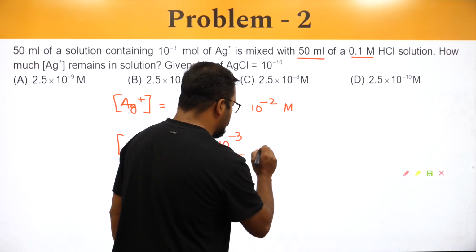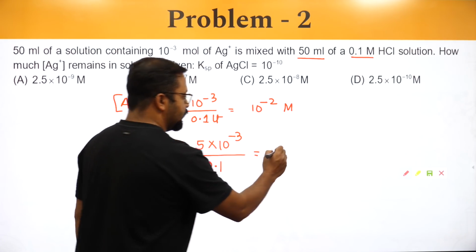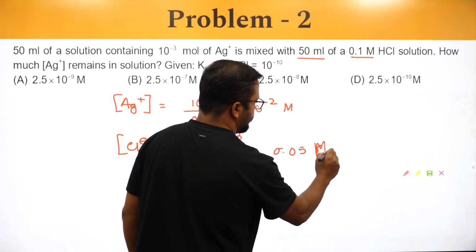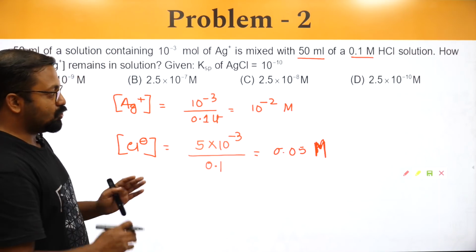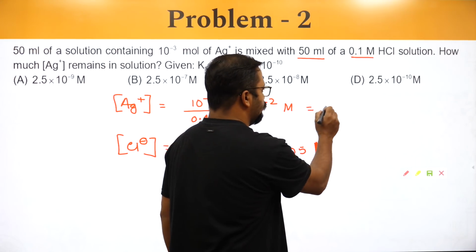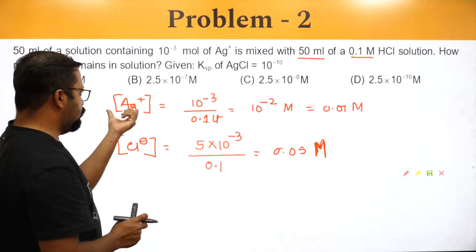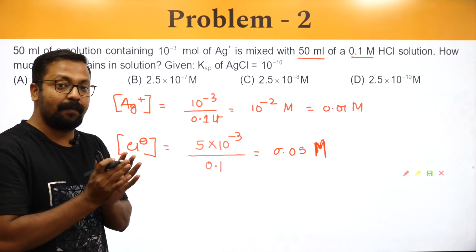So this is equal to 5 times 10 raised to minus 2, that is 0.05 M. Clear? So our solution contains 0.01 molar amount of Ag plus and 0.05 molar amount of Cl minus.